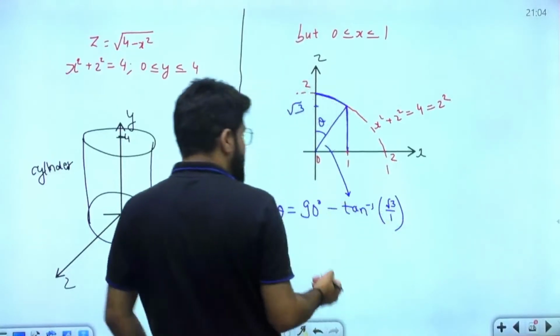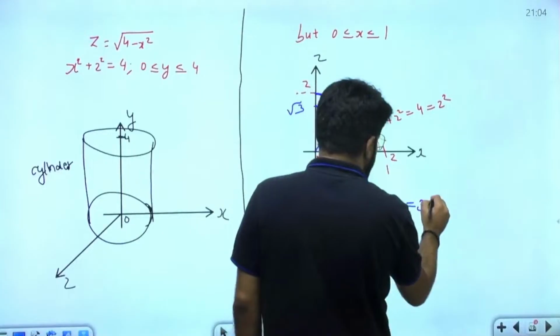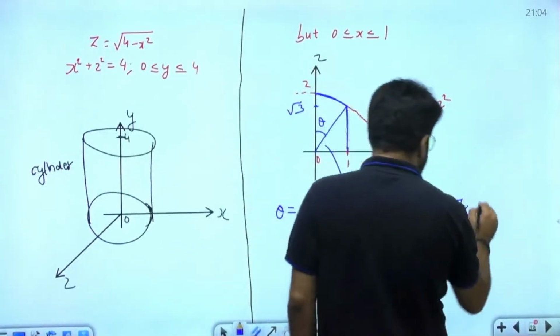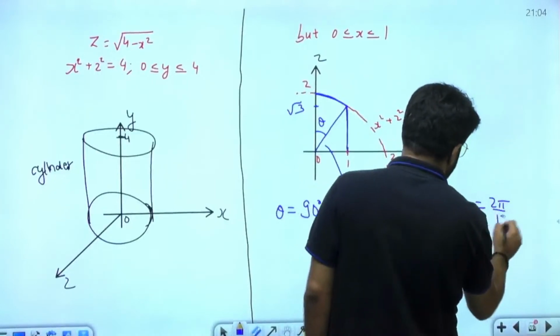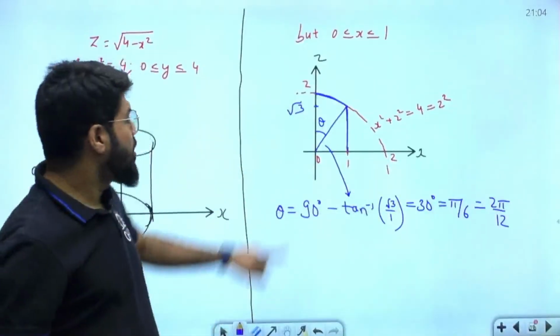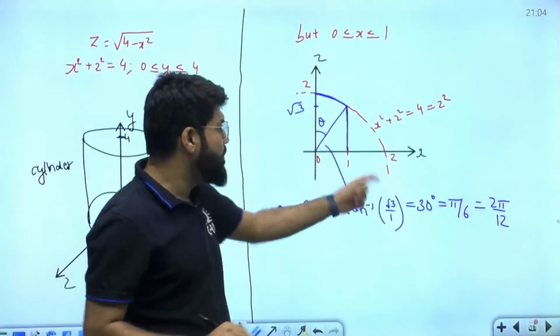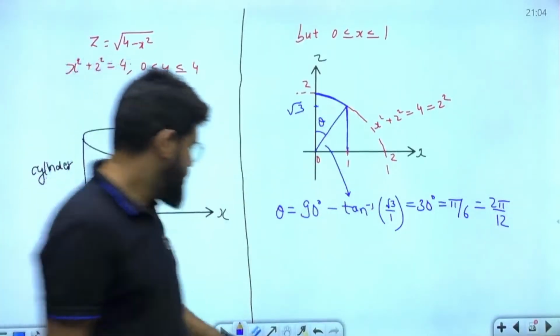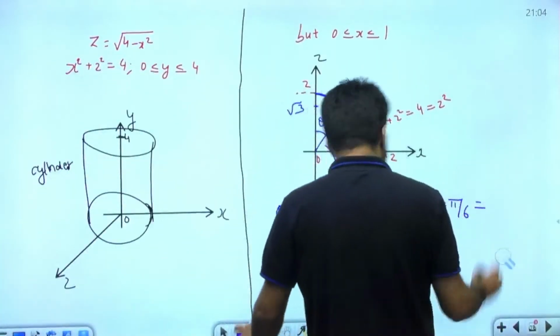Tan inverse root 3 is 60, and 90 minus 60 is 30 degrees, that is pi by 6, or let me better call it 2 pi by 12. For the full cylinder, theta should be 2 pi, but here it is only a portion of that cylinder, which is 1/12 of 2 pi.